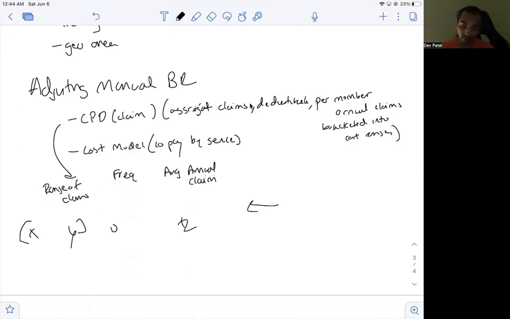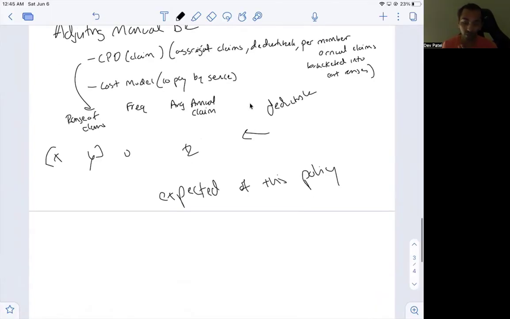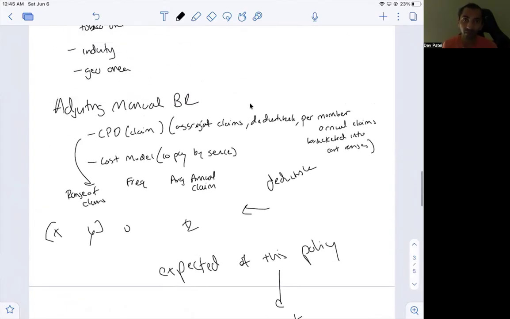And then we can apply the deductible, and then we can see the value of the deductible. And then we do the sum product, and that's how we can get the expected future costs of this policy and what the payout would be, and then we can get our net premium from that.